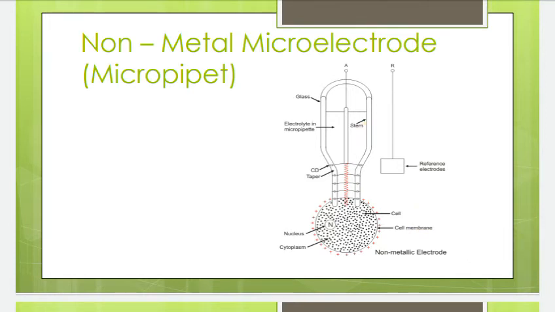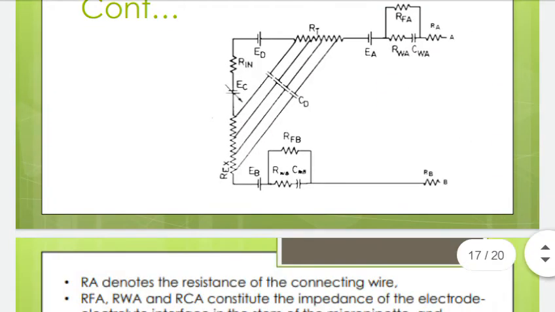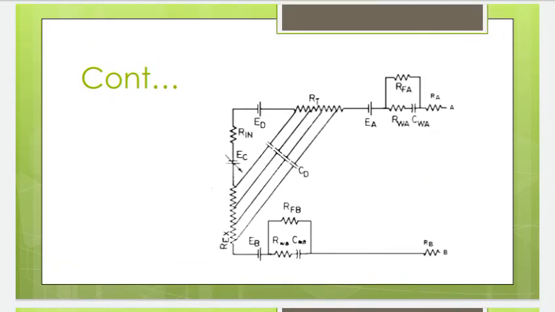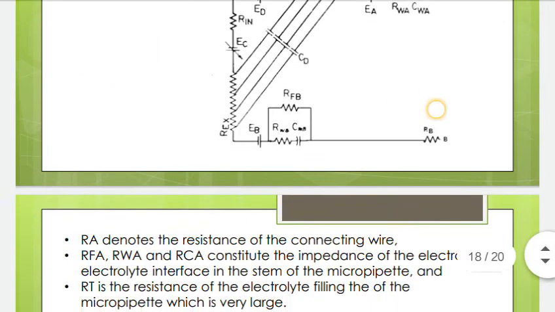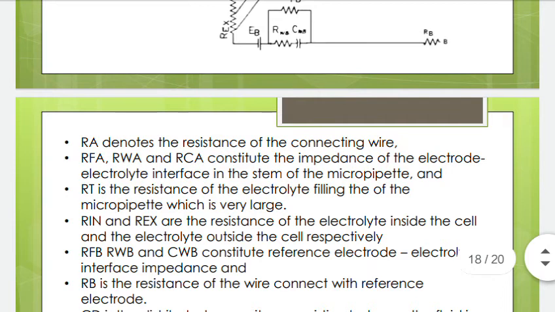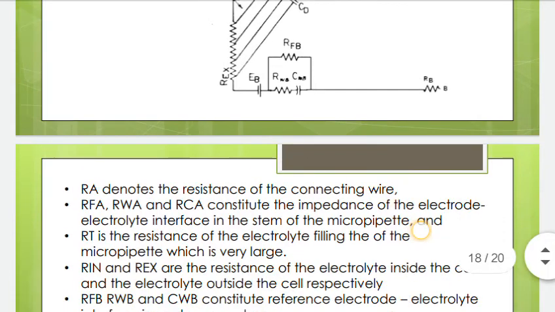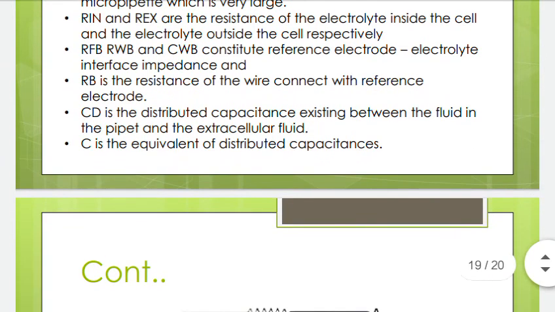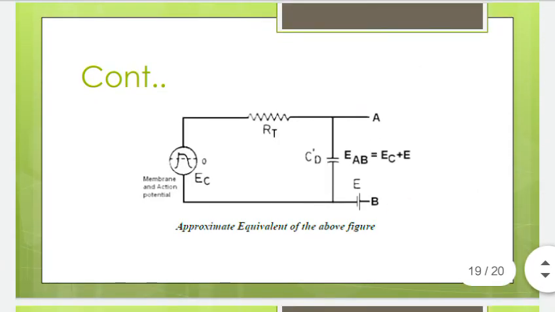Then we will measure the variation in the potential between this electrode and the reference electrode. This is the equivalent circuit of the above micropipette electrode, and you have to study this. These are the resistances used in this equivalent circuit. Just read this, and this is the approximate equivalent circuit of the above figure.